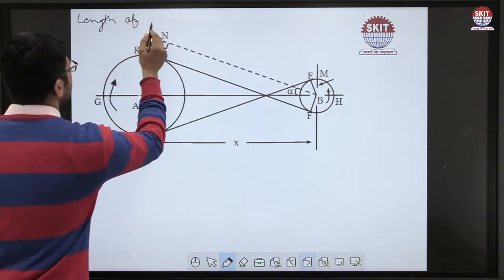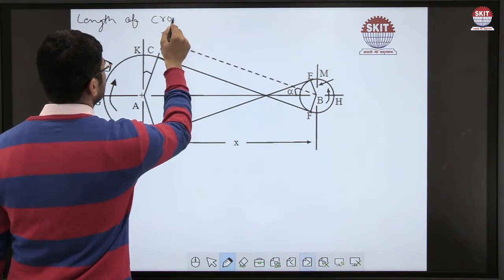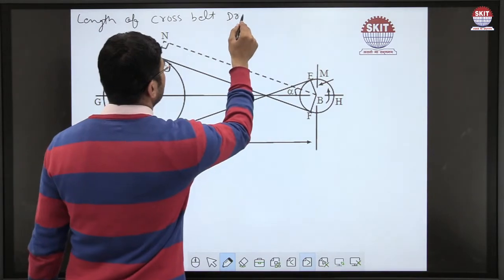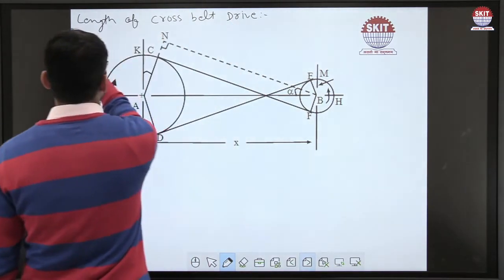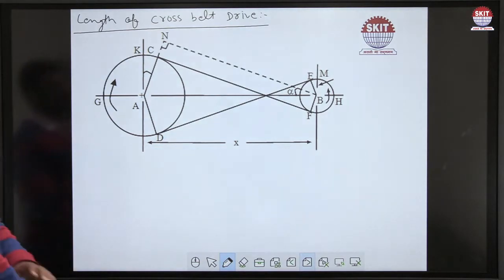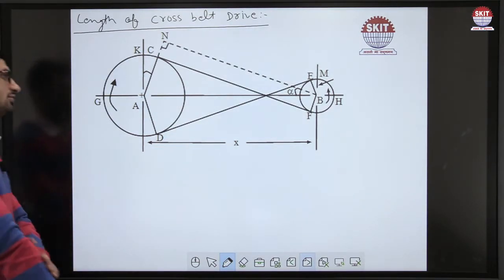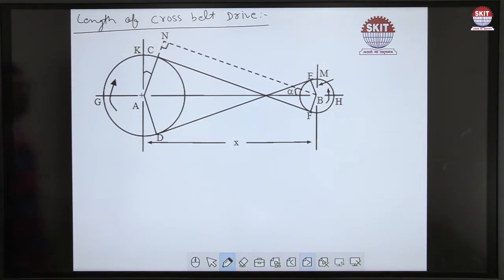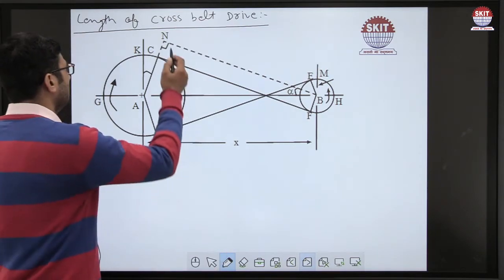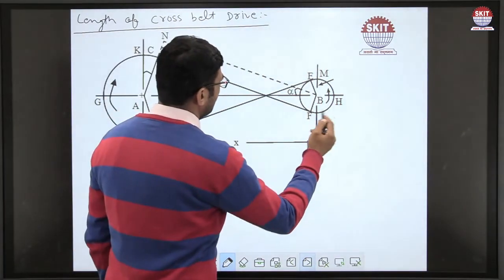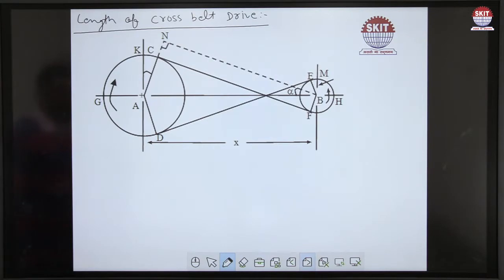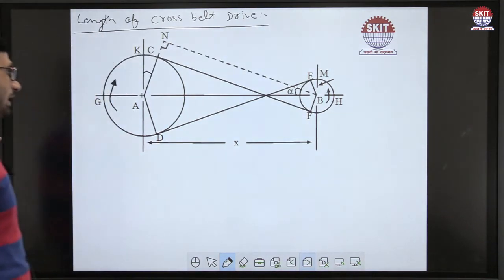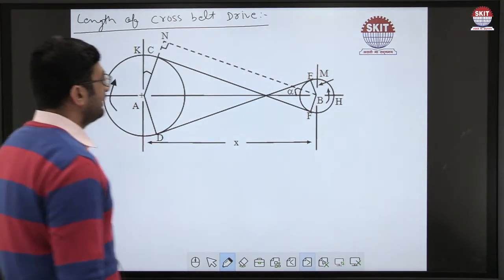This expression has similar steps and a similar method to those applied in the open belt drive, but in this method there is a change in the geometry of the figure, and from that figure the value of alpha and O to M is also changed.